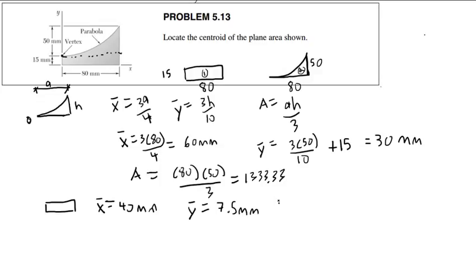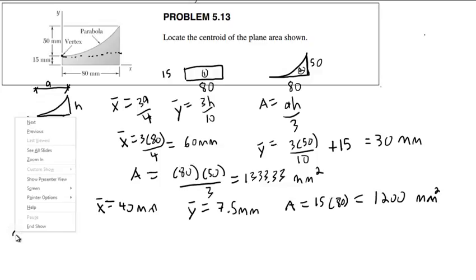And the area is 15 times 80, which is 1200 millimeters squared. And then I can simply say for the entire thing, combine. I could use a table or I could just write it out. In this case, it's so simple.